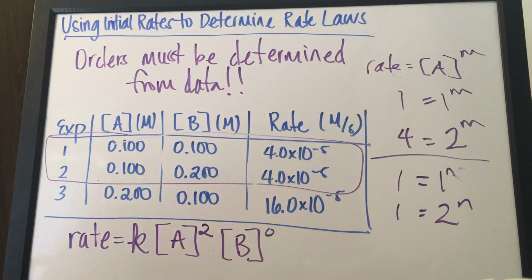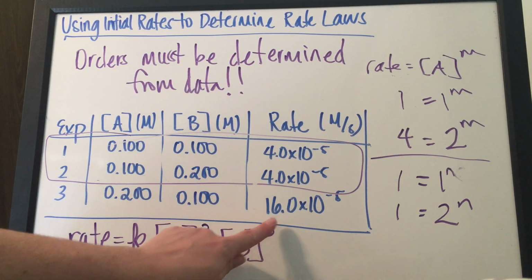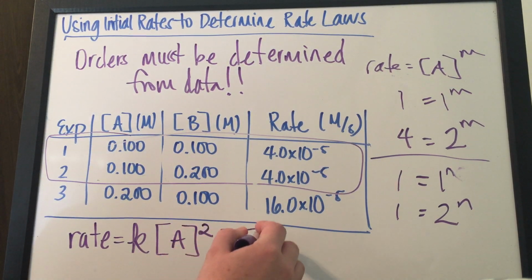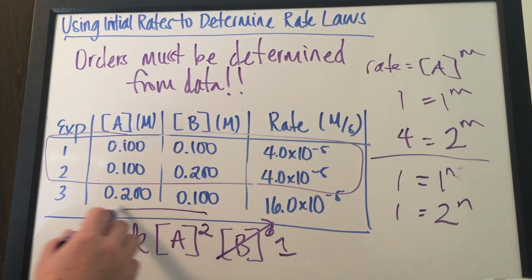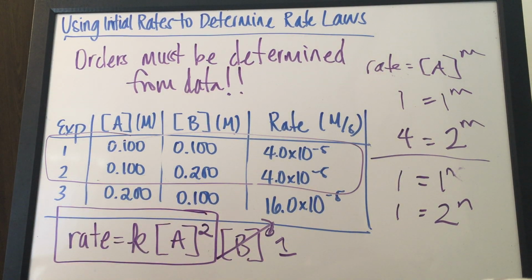So here's my rate law. And actually, anything to the 0 power is 1. So this whole term right here, B to the 0, goes to 1. So really, my rate law for this is this right here. And that's the first approach to this method and to this example in this problem to determine the rate law.